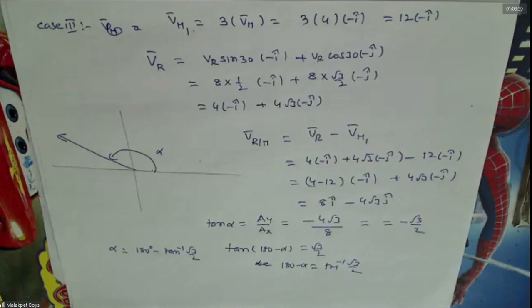Remember, any vector is there. Suppose this is A bar. This has 2 components. If you take this as theta, tan theta is ay by ax. Understood this? This should be taken with signs.